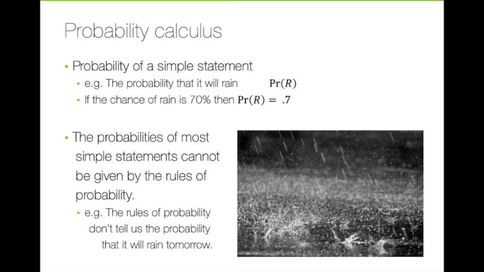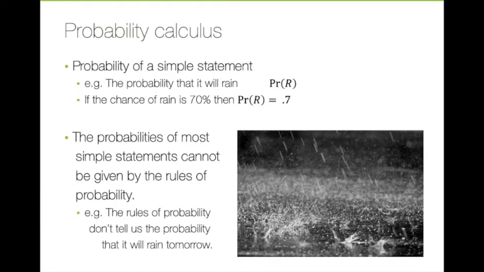The rules of probability constrain what the probabilities of simple statements can be, so they have to be between 0 and 1. But our probability calculus does not tell us what the probabilities of simple statements are. Those are determined by what the facts are in the world, and we have to infer those probabilities in various ways.